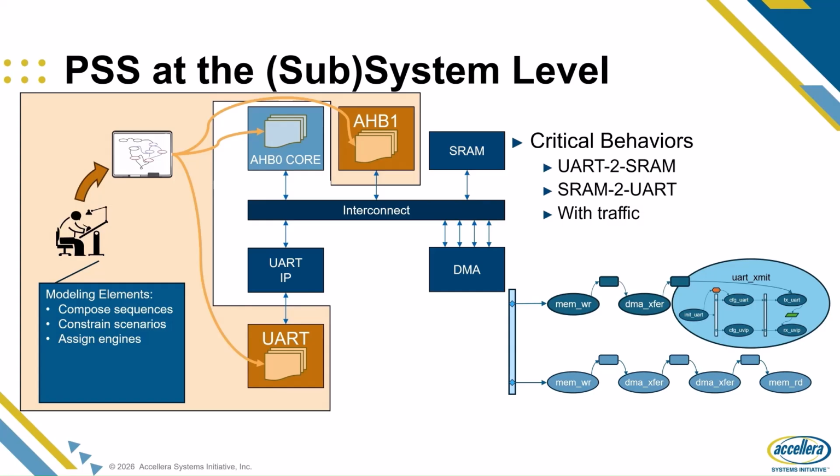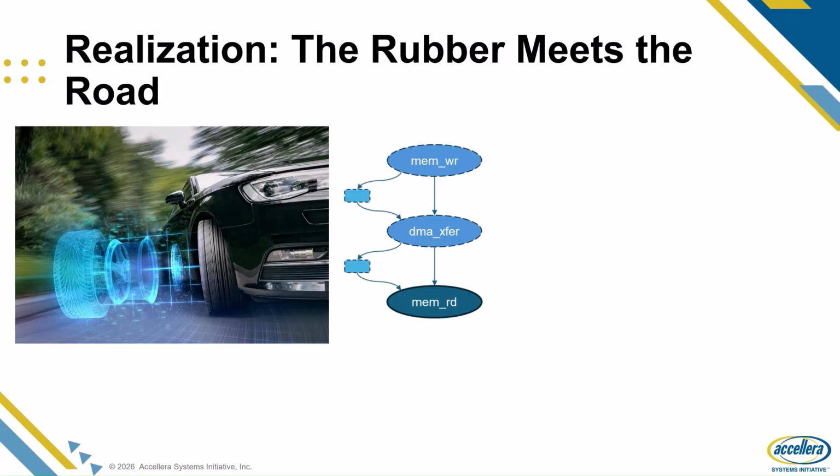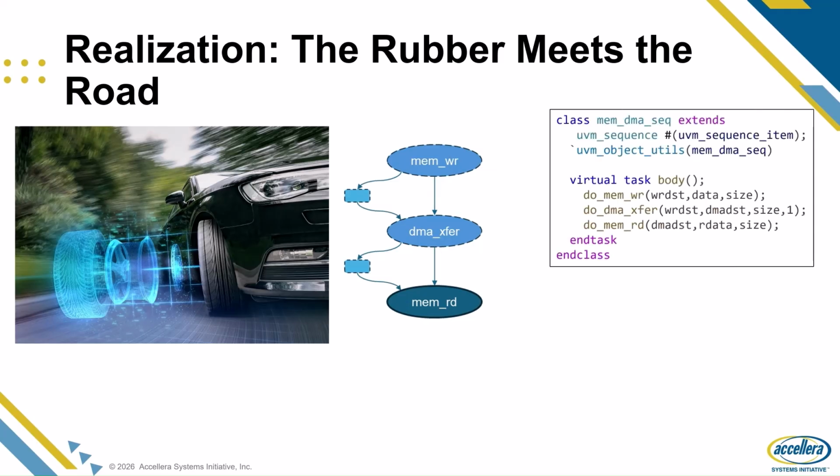a model of the CPU, RTL that's going to actually run C code. So now we need to be able to model the exact same behaviors in both UVM and C. And the way we do that is through the realization layer. So for any given scenario, when we generate, in this case, SystemVerilog here, we're going to generate perhaps a UVM sequence that will have a body task that will call methods to implement the functionality of each of the actions in the target language.